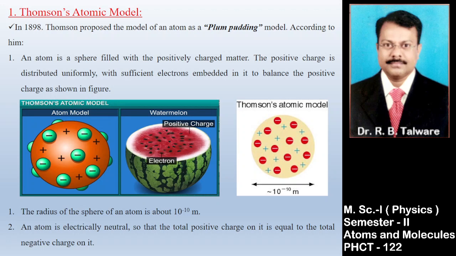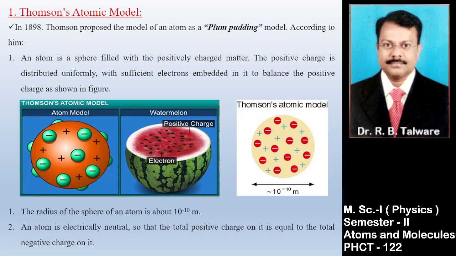According to him, first, an atom is a sphere filled with positively charged matter. The positive charge is distributed uniformly, with sufficient electrons embedded in it to balance the positive charge, as shown in figure 1. This is the figure. We have given the example of a watermelon. All of you know the watermelon.